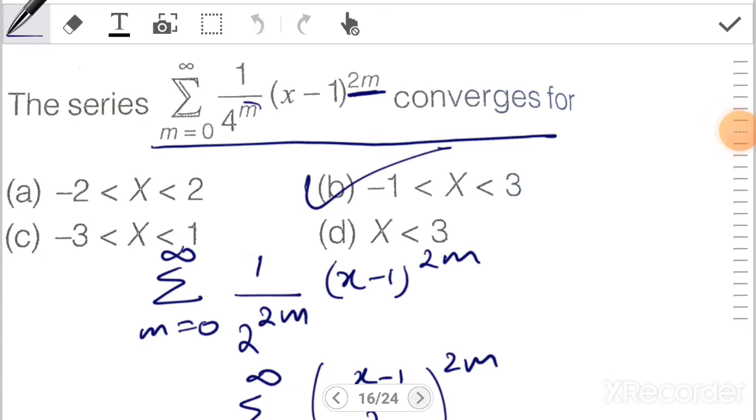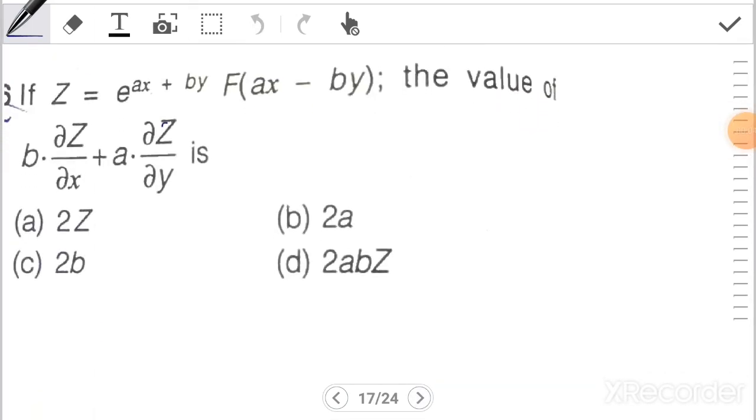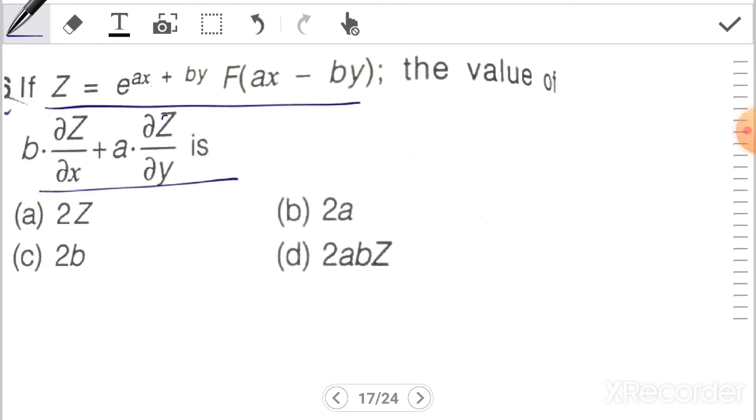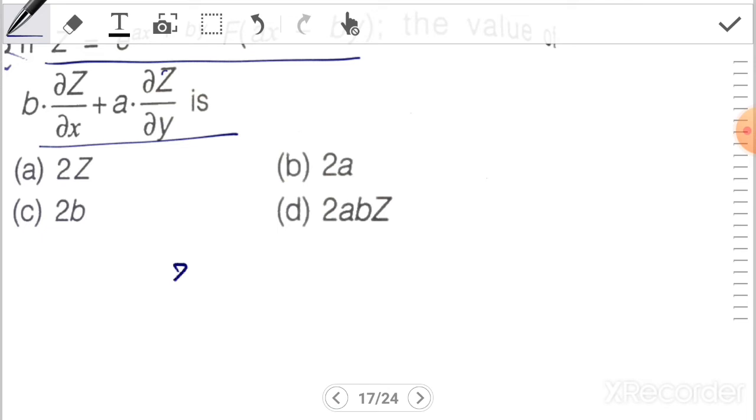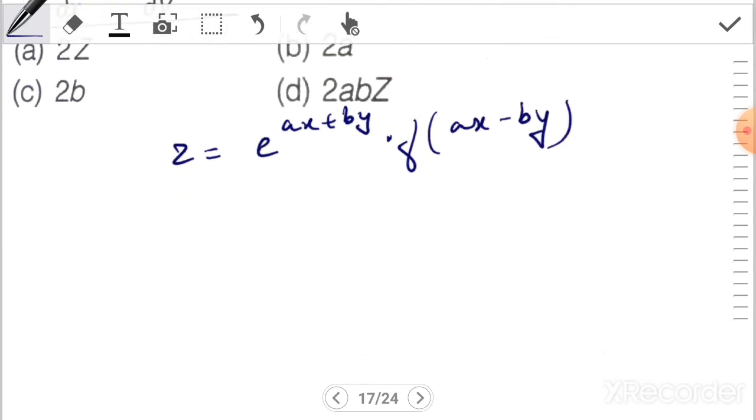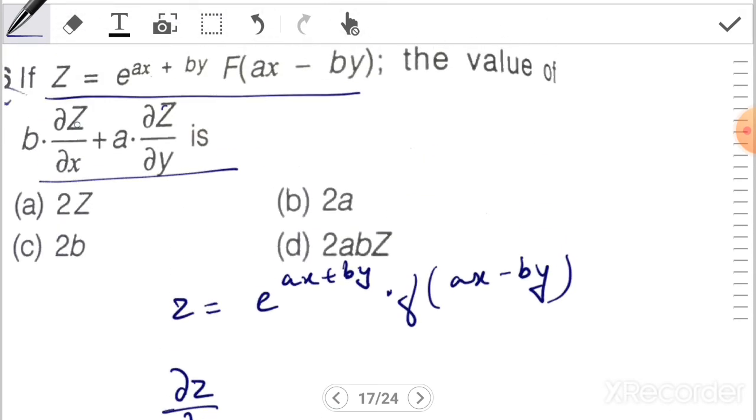Let us go to the next problem. If z is given as e to the power (ax plus by) times a function of (ax minus by), let us rewrite z. Now take the partial derivative del z by del x, since we have to find del z by del x and then del z by del y.